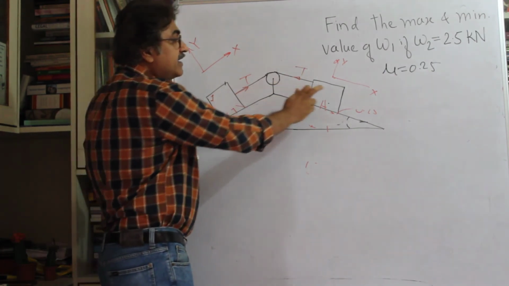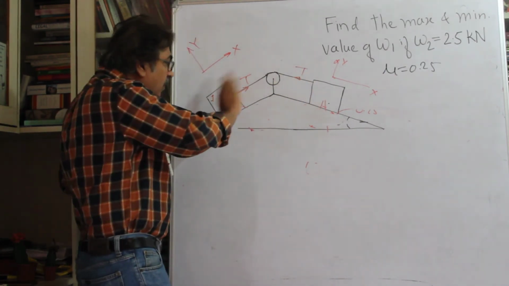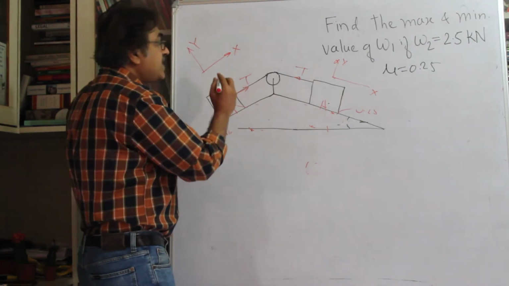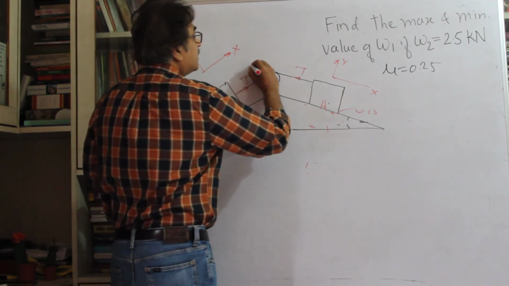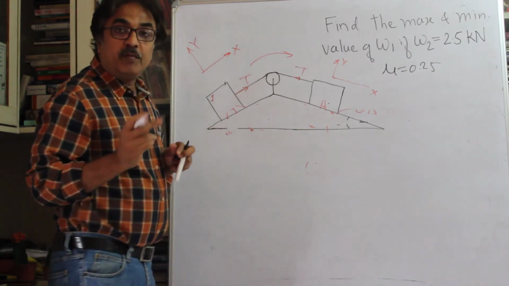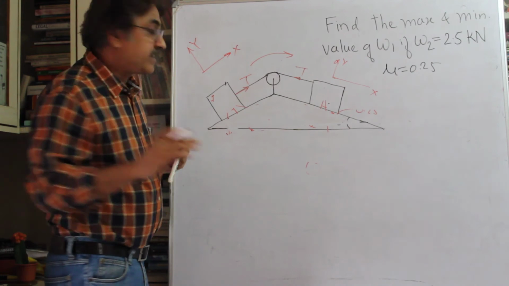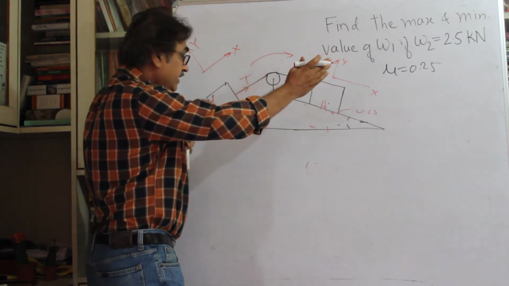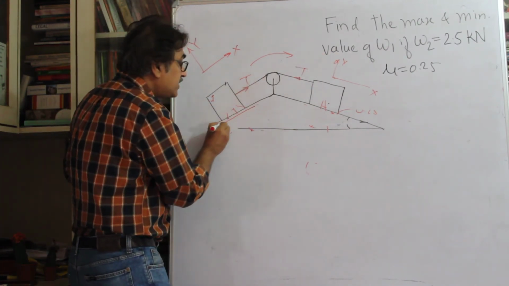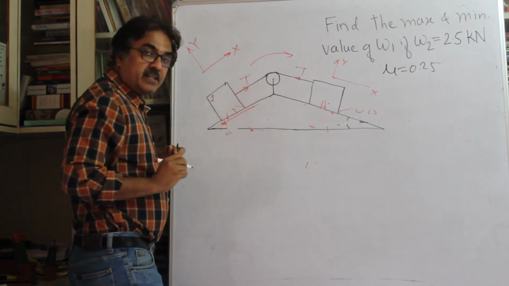That means you should add more weight so that it's about to move upward, so the movement now is clockwise. What is going to change is the direction of friction. This body is about to move towards the right, so the frictional force is going to be in this direction.